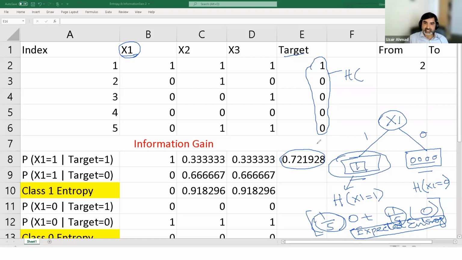The original entropy, say 0.72, minus the expected entropy is a measure that is going to help us choose which variable should be the best variable to split target on. This measure is referred to as information gain.